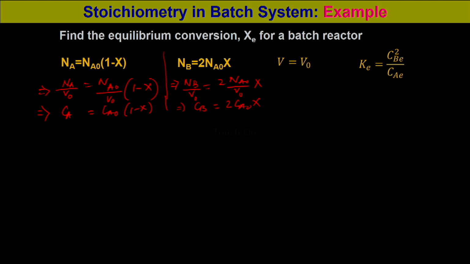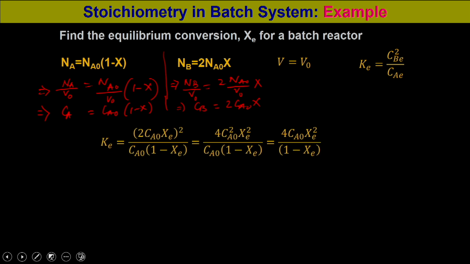Now if we substitute this CAE and CBE at equilibrium, with x being Xe, this is CBE, this is CAE, that is at equilibrium.